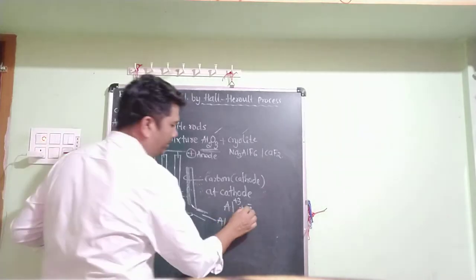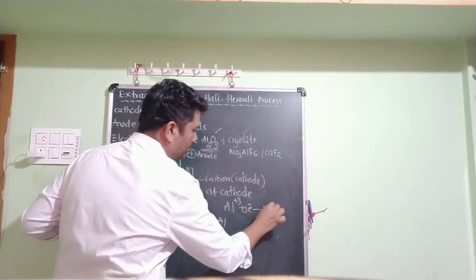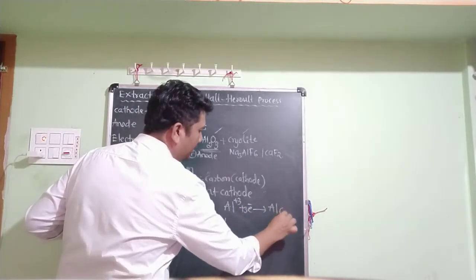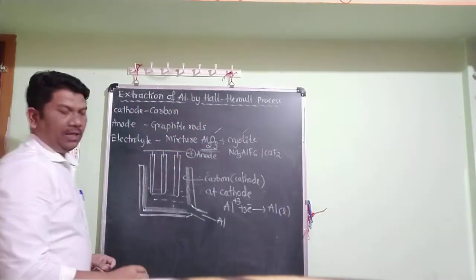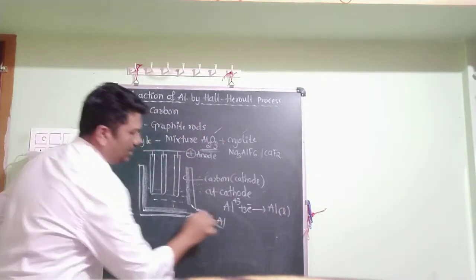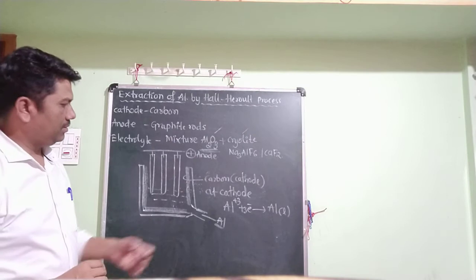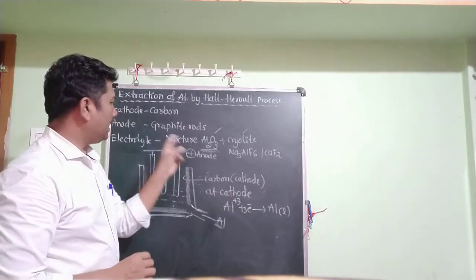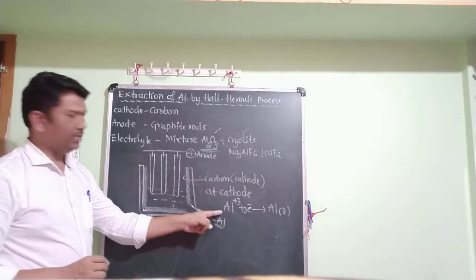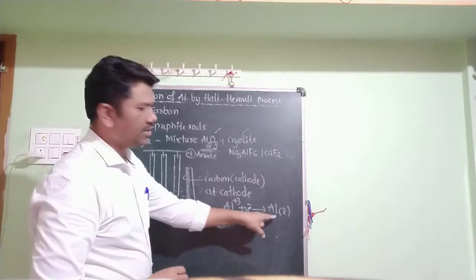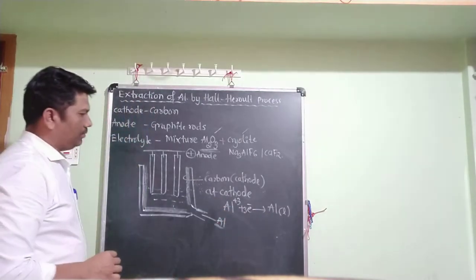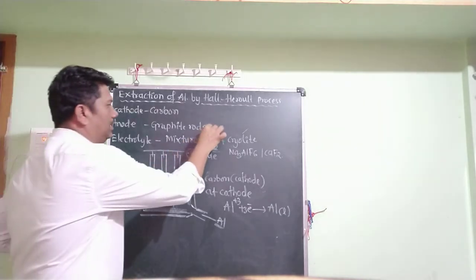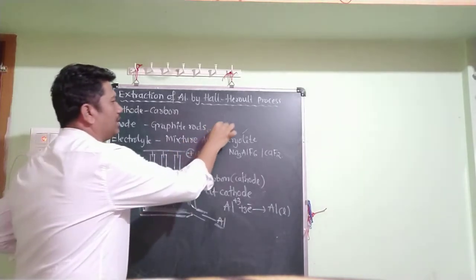Reduction means gain of electrons. So Al+3 gains 3 electrons and becomes Al. This is the cathodic reaction. Now oxygen is liberated.